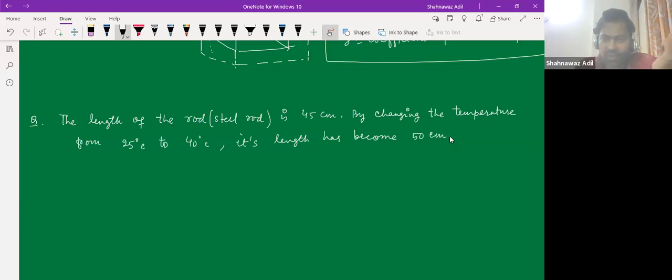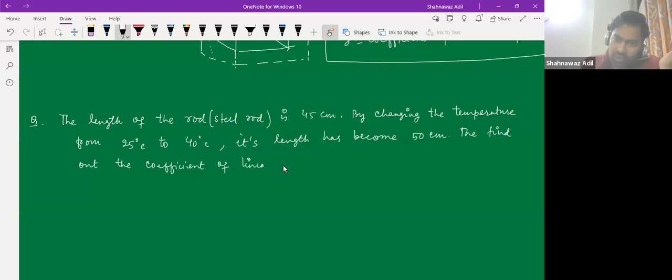Then we have to find out the coefficient of linear expansion.